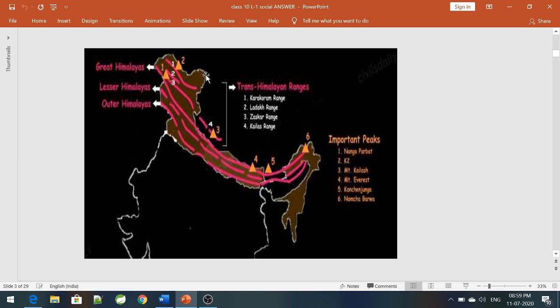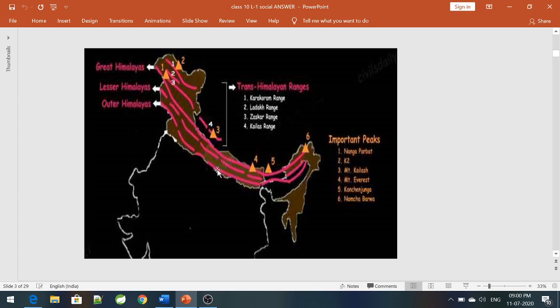They stop the ice-freezing cold wind coming from the northern hemisphere. These are the barriers for our India, and they are divided into greater Himalayas, lesser Himalayas, and outer Himalayas.